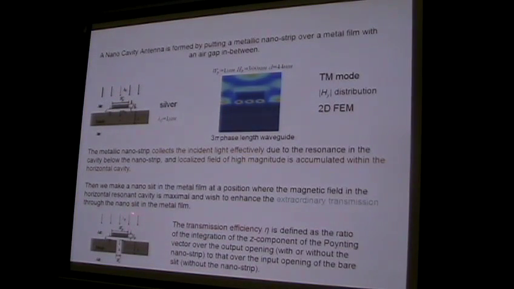We want to harvest the light as much as possible and then squeeze to a nano region. And then putting active material there, indium phosphide, for example, to detect the signal. So then optical signal will be converted to the electrical signal.